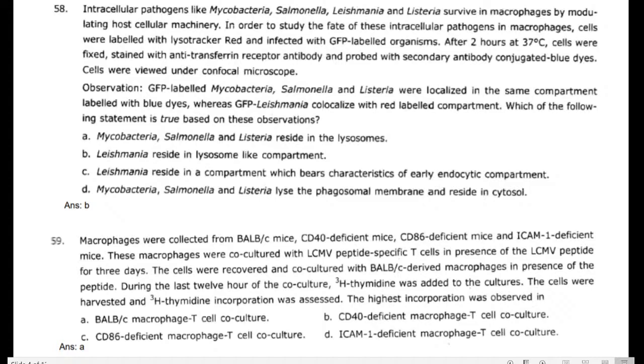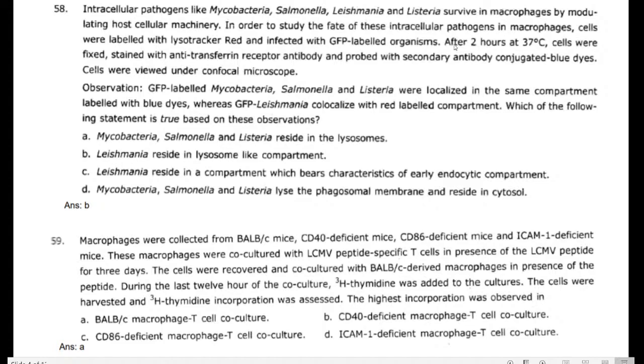After 2 hours at 37 degrees Celsius, cells were fixed and stained with anti-transferrin receptor antibody and probed with a secondary antibody conjugated to blue dye.